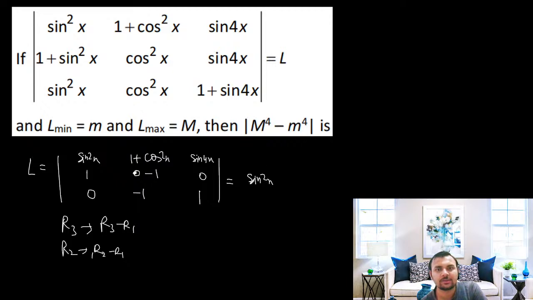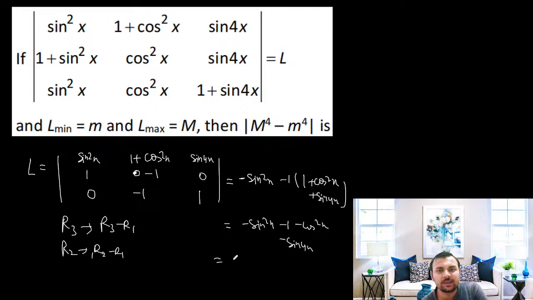Sin square x minus 1, 1 plus cos square x, 1 plus cos square x plus sin 4x. We are going to get sin square x minus 1 minus cos square x minus sin 4x.